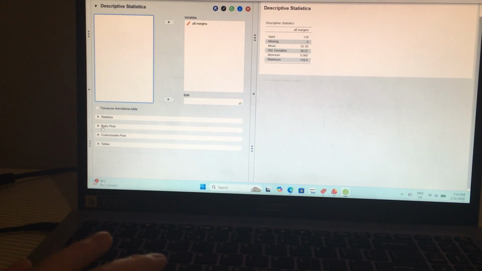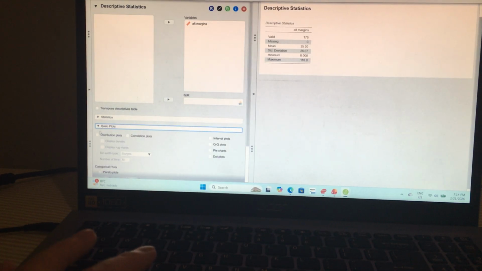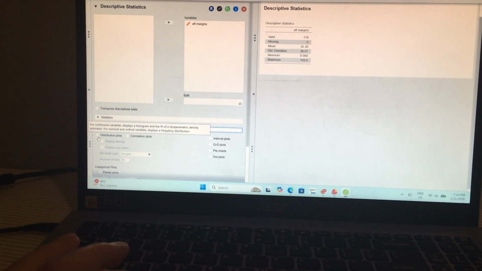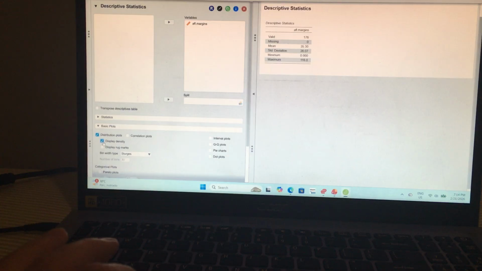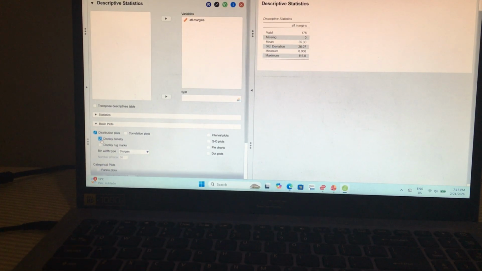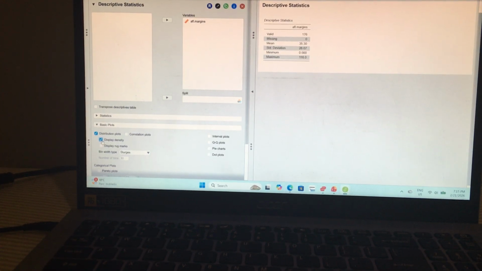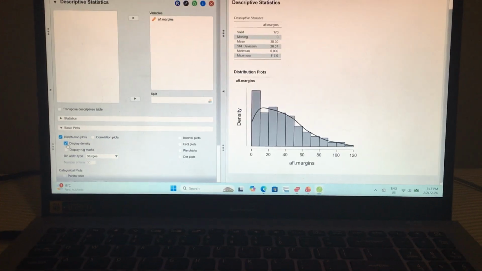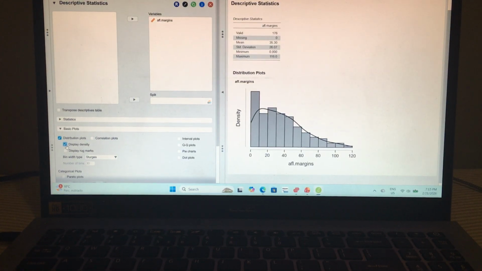We go under our basic plots, and then we do the histogram, which is the distribution plot, and we can also display the density. Give it a second to do that. Yep, it looks exactly the same as the figure on 9.21.